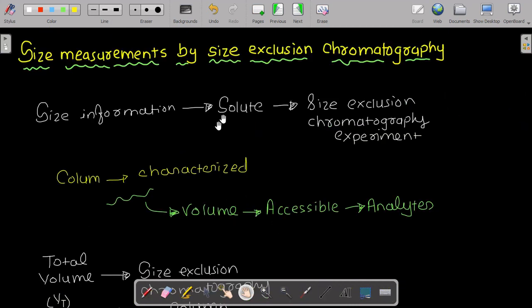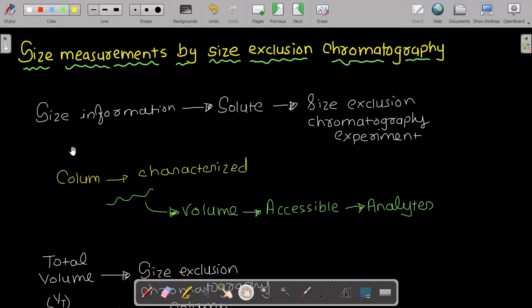Now let's discuss size measurements by size exclusion chromatography. How can you measure the size of a particular molecule by doing size exclusion chromatography?